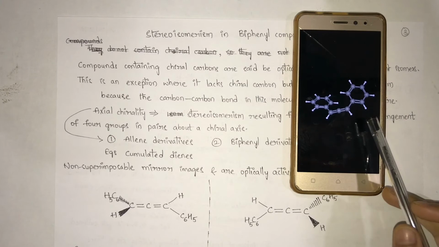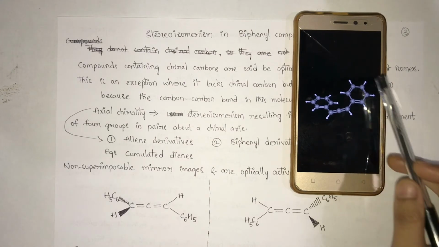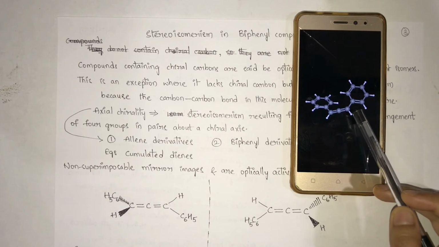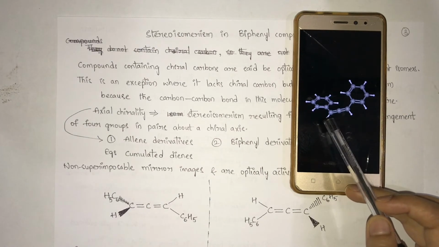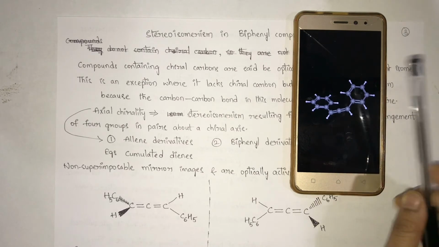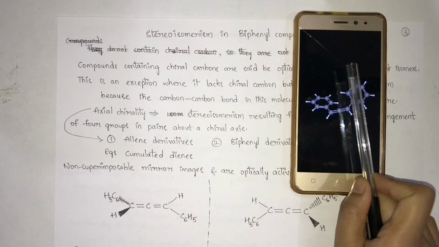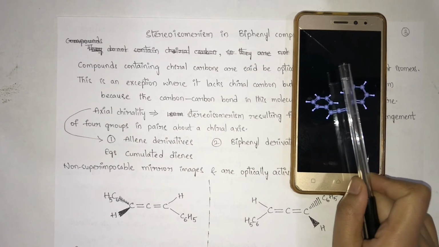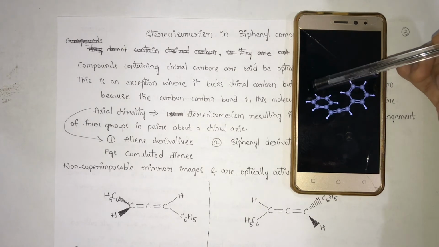So this is 1,3-diphenylpropadiene: 3 carbons, 1 phenyl group, 1 hydrogen, another phenyl group, another hydrogen. So here consider this part as plane, benzene with carbon and hydrogen. Then this phenyl group is away from us.